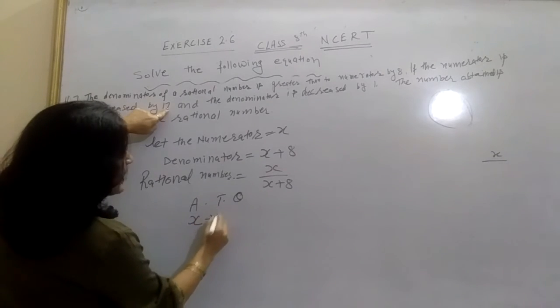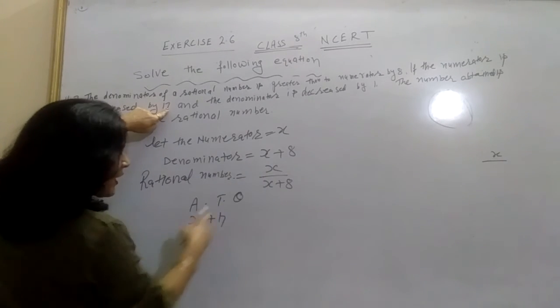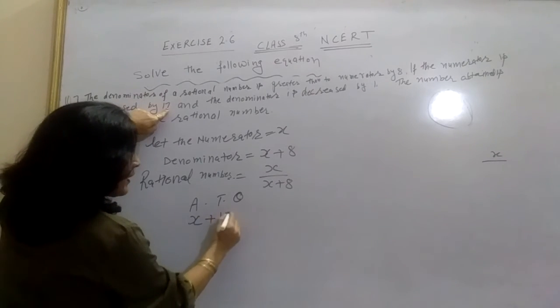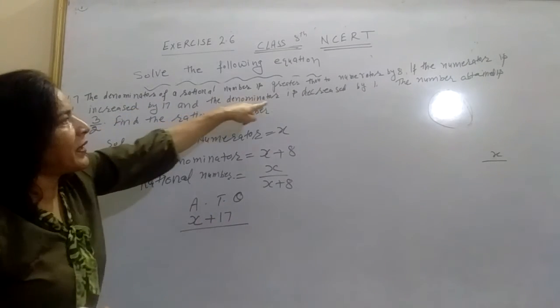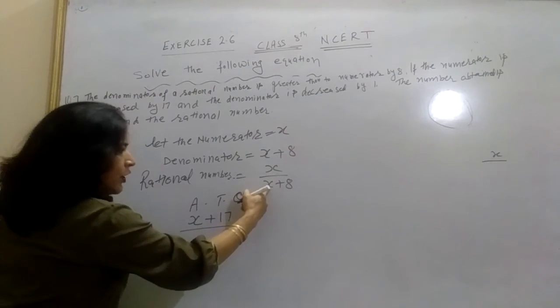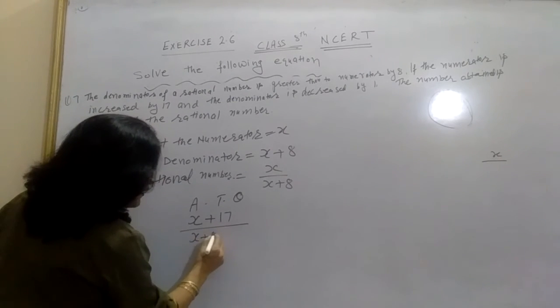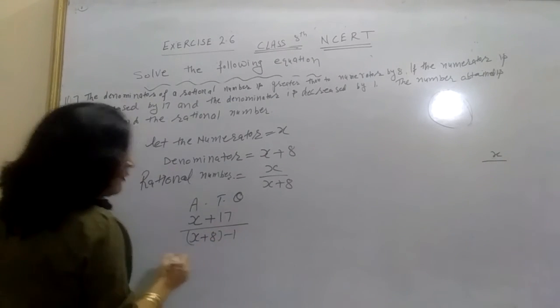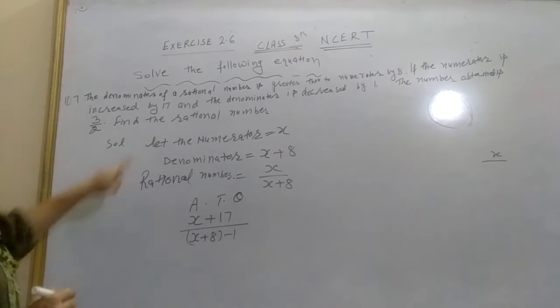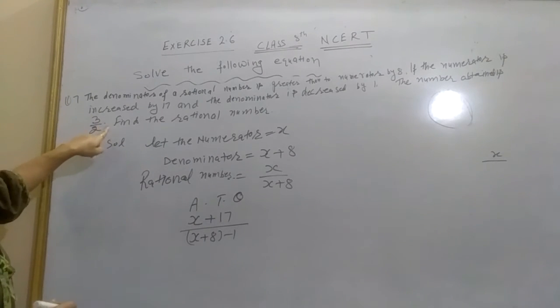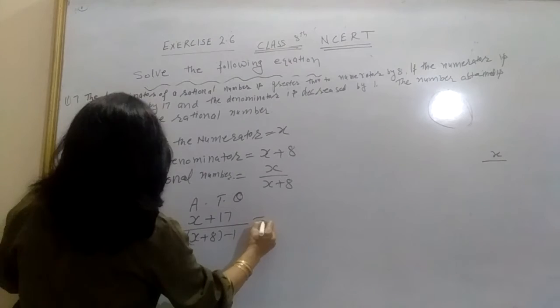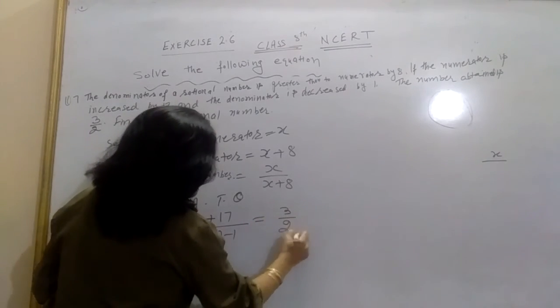Numerator increased by 17. It was the numerator and I increased it by 17. And the denominator is decreased by 1. Here it was the denominator x plus 8, and when this is decreased by 1, the number obtained, the new number, will become equal to 3 by 2.